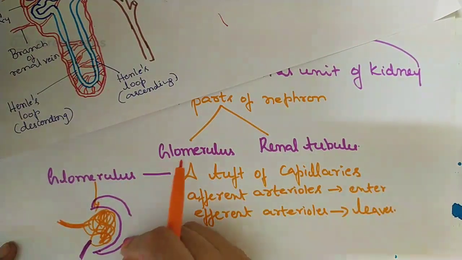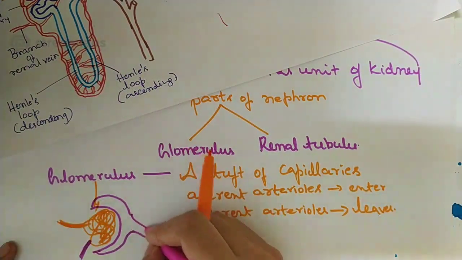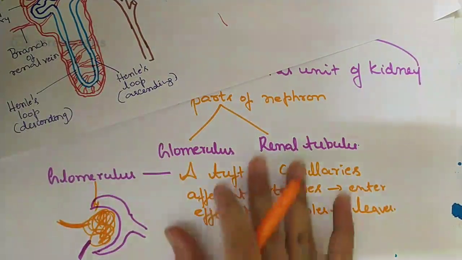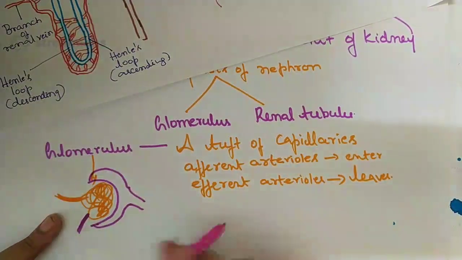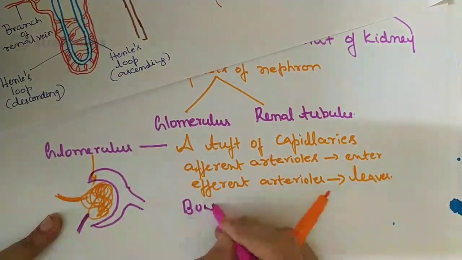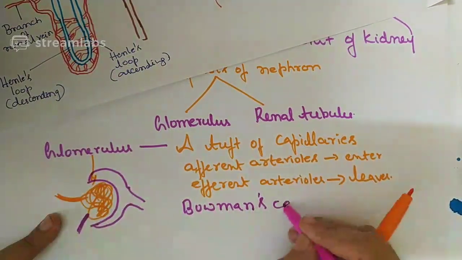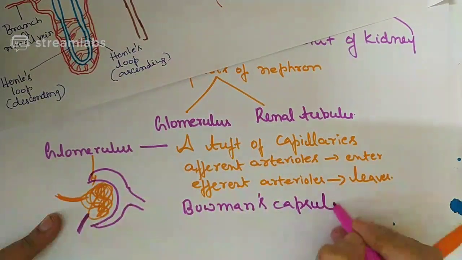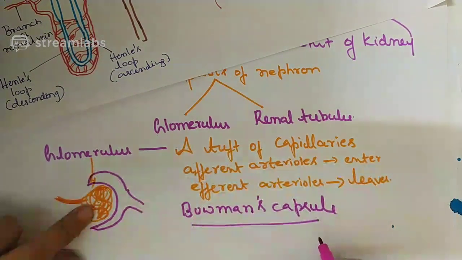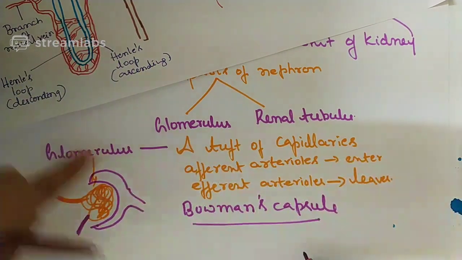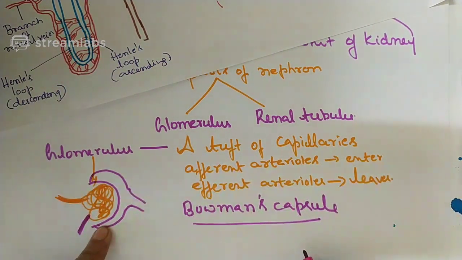This cup shaped structure is called Bowman's capsule. The tuft of capillaries, the glomerulus, is present inside a cup-shaped structure, that is the Bowman's capsule.